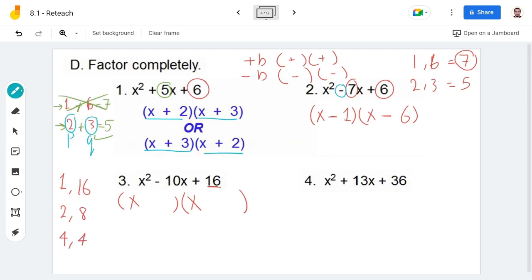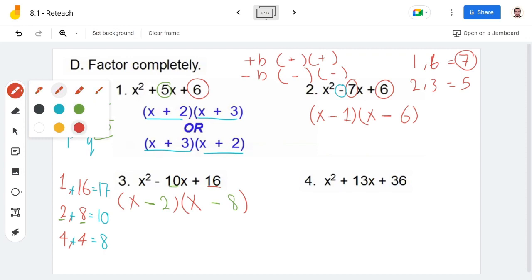Now add these. 1 and 16 add to 17. 2 plus 8 is equal to 10. 4 plus 4 is equal to 8. Which of these factor pairs gives you 10? It's 2 and 8. So you write here 2, you write here 8, and don't forget to put the sign. Okay, clear? Now let's go to the last one.